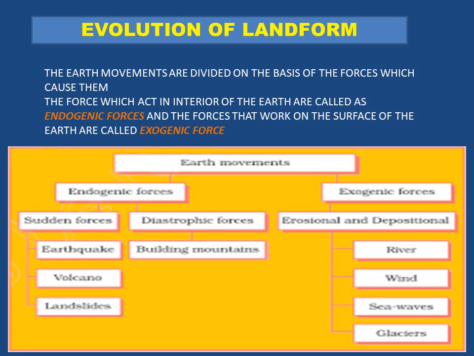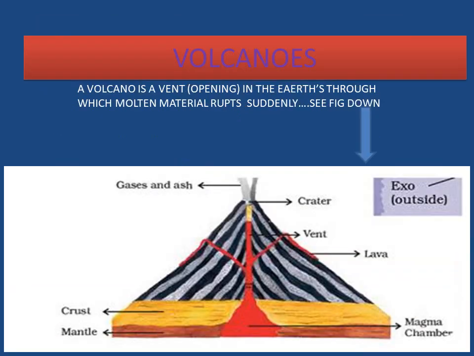We have sudden forces which occur suddenly: earthquakes, landslides in mountain areas, sudden change in landscape, and volcanic activity is also all of a sudden. We will focus on all these sudden phenomena in great detail and then summarize. Now we start with the first one, that is volcano.